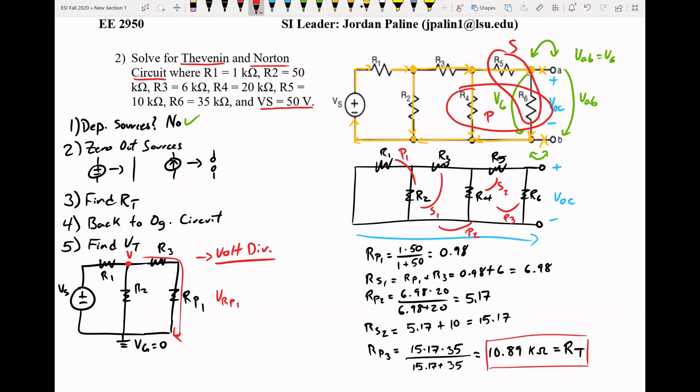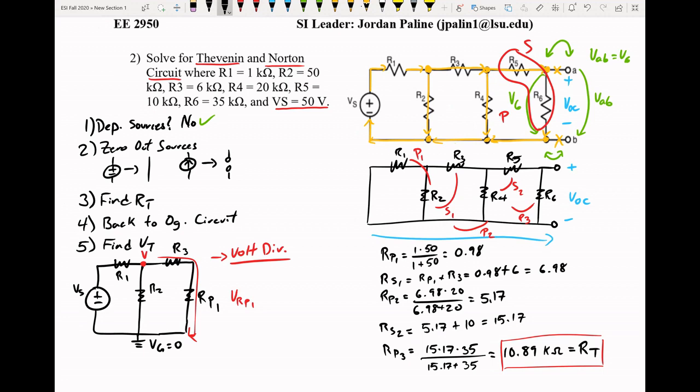And because you know the voltage across VR parallel 1, you can do the voltage across this branch. So let's go ahead and do that.